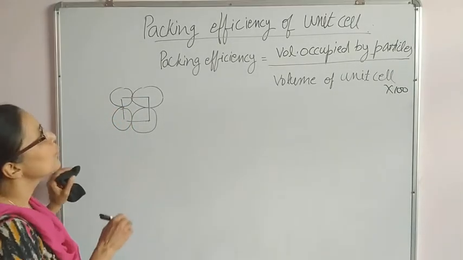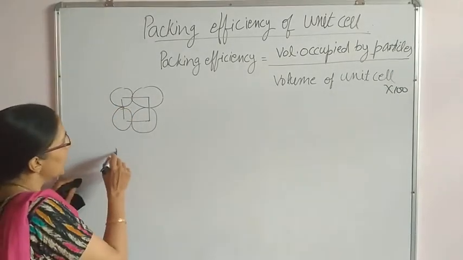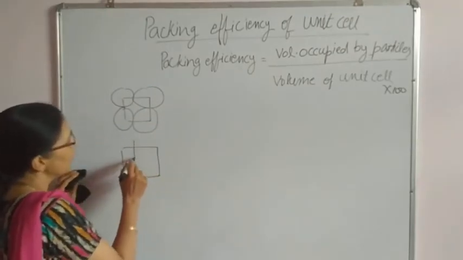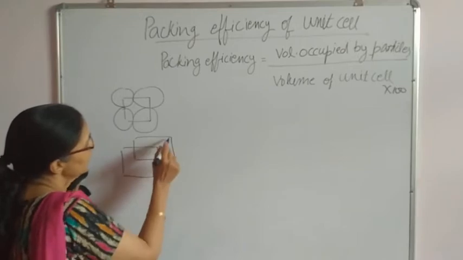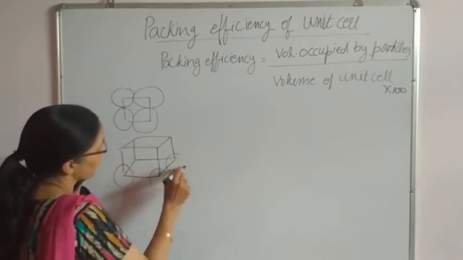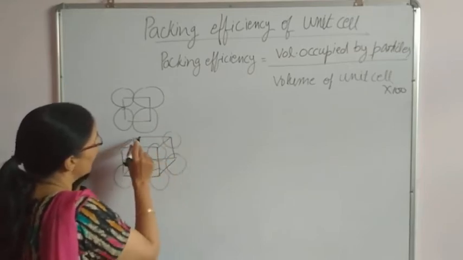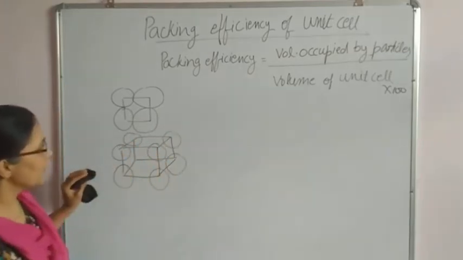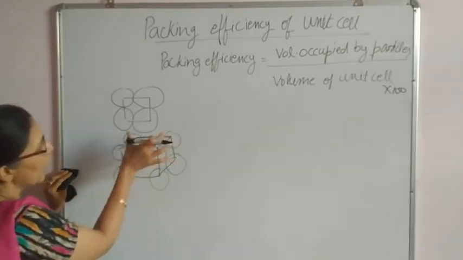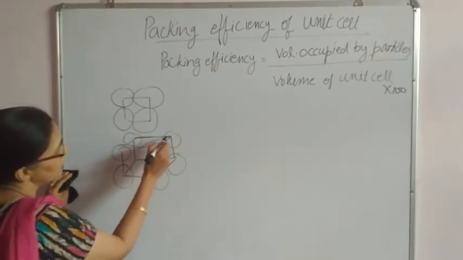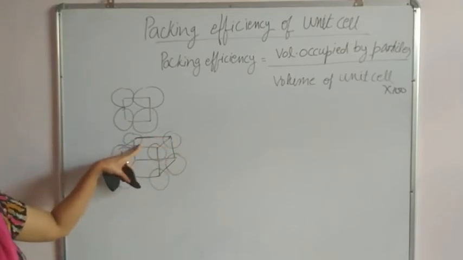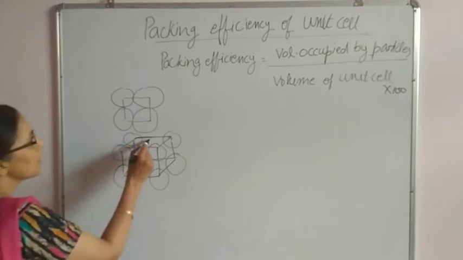So let us do work for the primitive unit cell or simple unit cell. In the simple unit cell, you have such a particle arrangement: 1, 2, 3, 4, at each corner, one particle. For our convenience, we have drawn them far apart, but the space between the centers of these two particles is equal to the edge length.